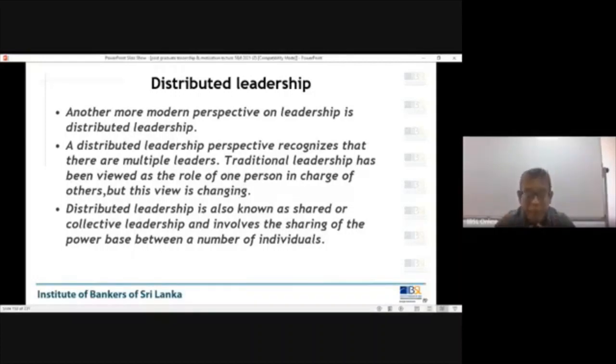Combined together, they do a better job than one person in charge of others. That sort of leadership we call distributed leadership, right? And this is a very novel thing. There may be arguments against it, but today, in the very latest thinking, people are talking about distributed leadership.